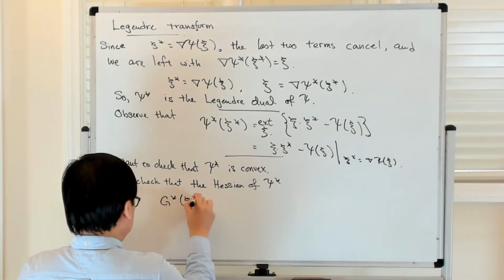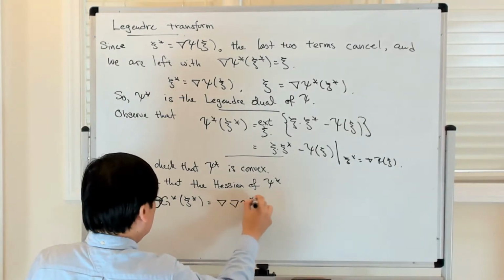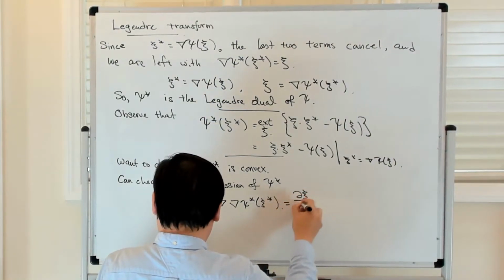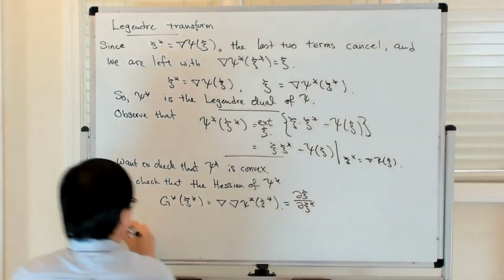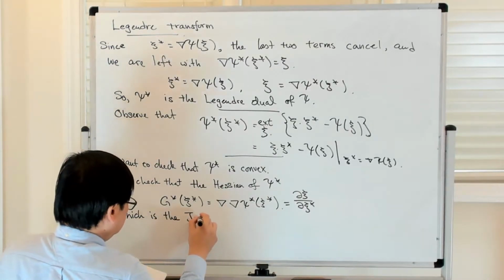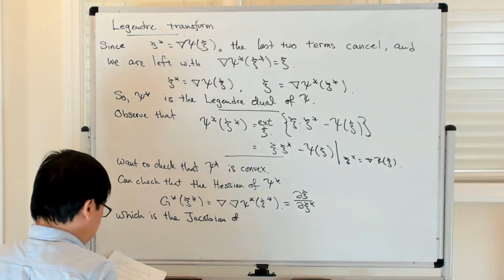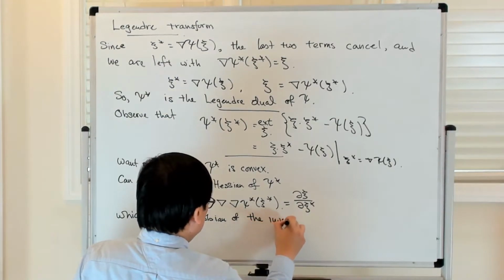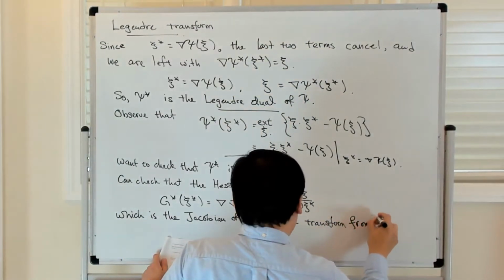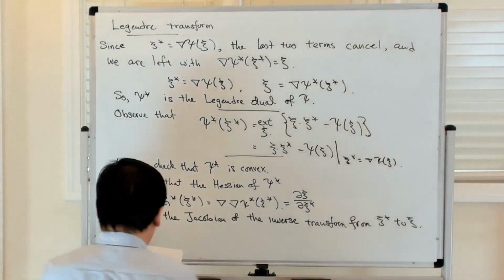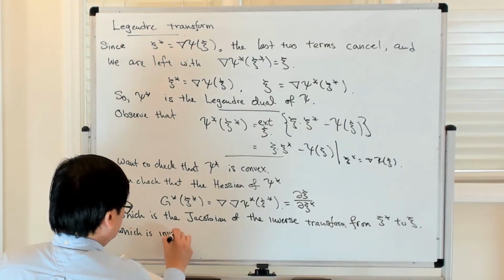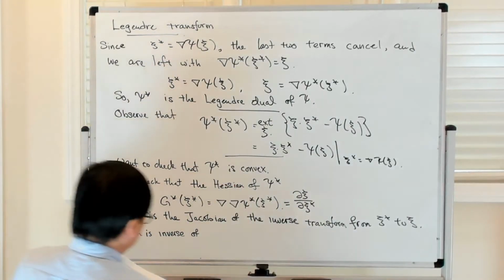G star at c star is equal to this. This turns out to be the Jacobian of this change of variables, of the inverse transform from c star to c, which is the inverse of the Hessian of the original convex function.